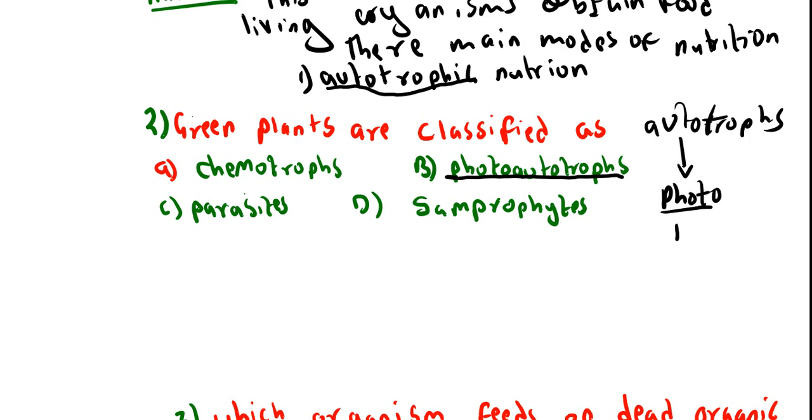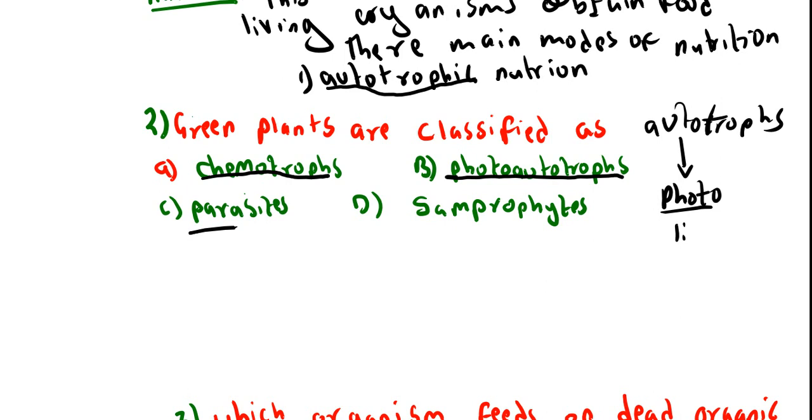Photo means light, so photoautotrophs use energy from sunlight to make their own food. When you talk about a chemotroph, you're talking about using energy from chemicals to make their own food.